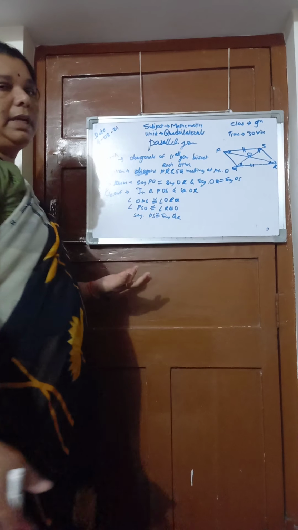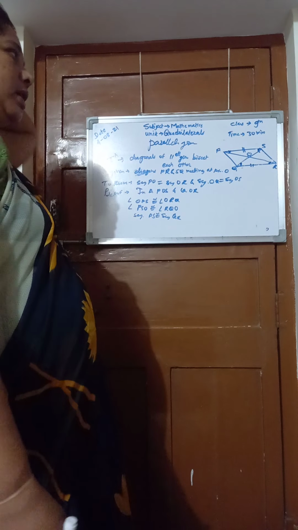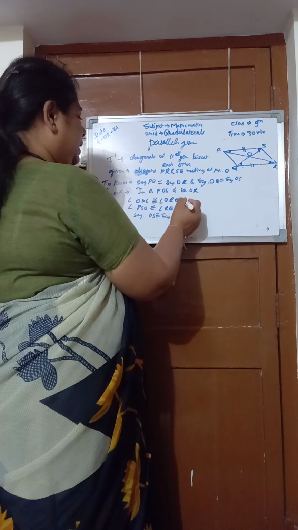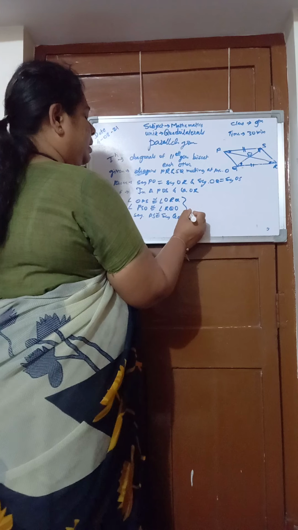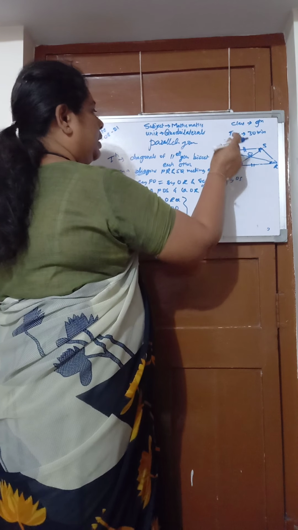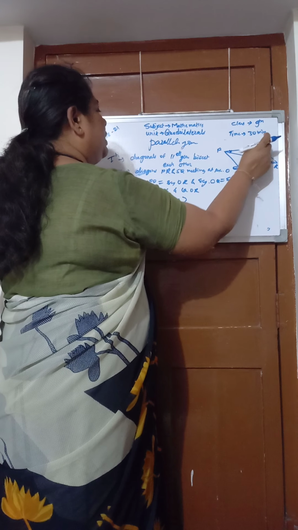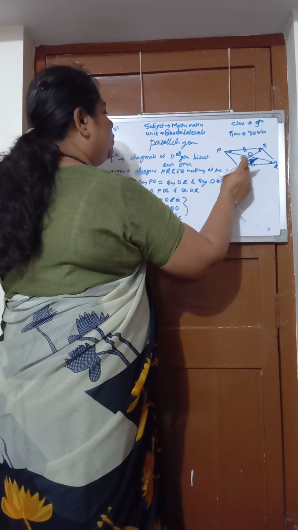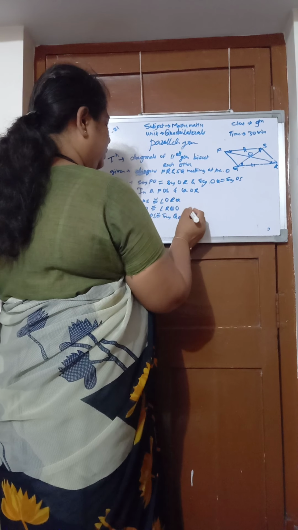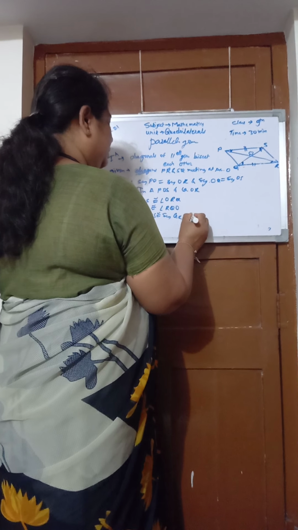We have already proved that in the previous theorem. Then what happened? We have two angles and a side, so we can use the test to prove triangle POS and triangle QOR are congruent. Sorry, it is not a common side.